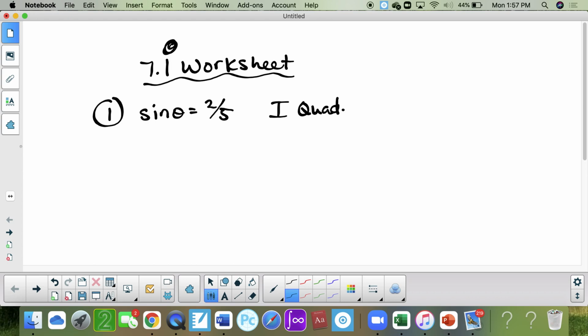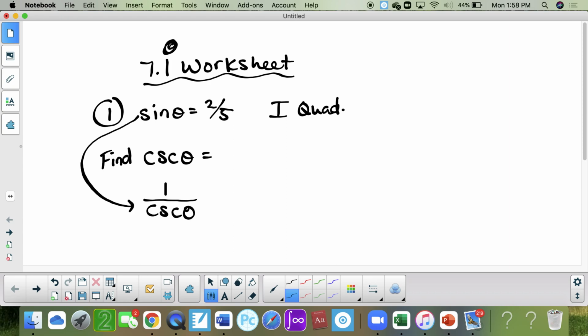Well, you look on your formula sheet, and sine is the same thing as 1 over cosecant. So I switch the sine to 1 over cosecant from the formula, and that's equal to 2/5.